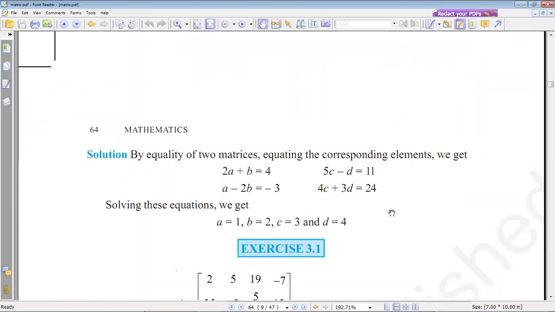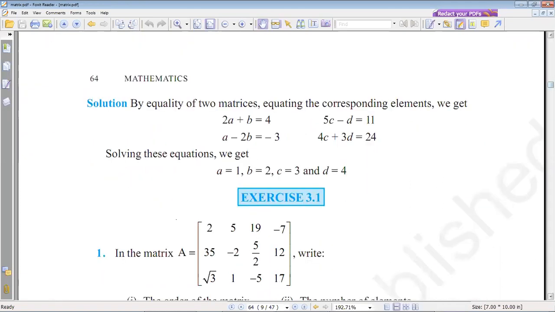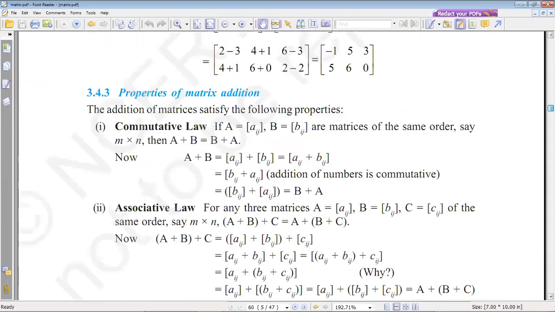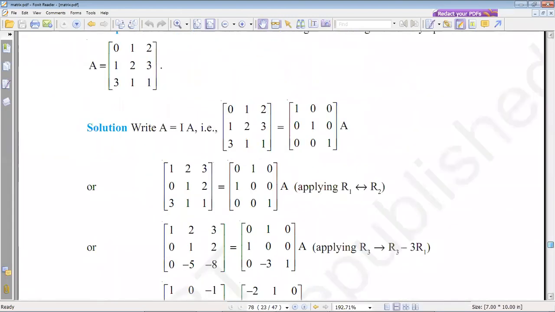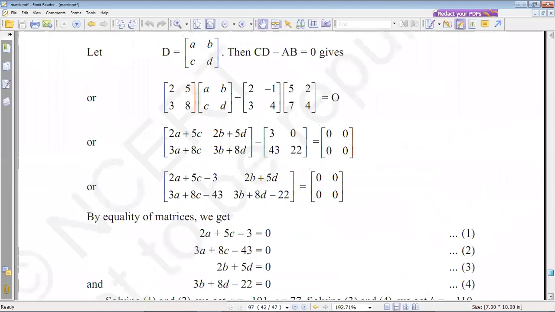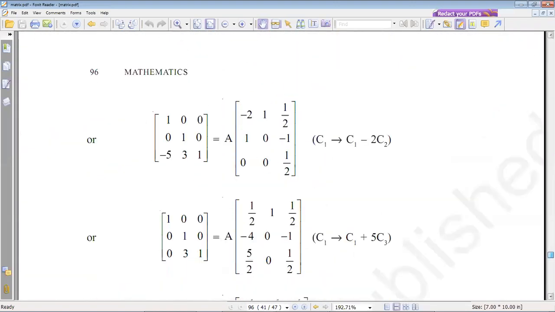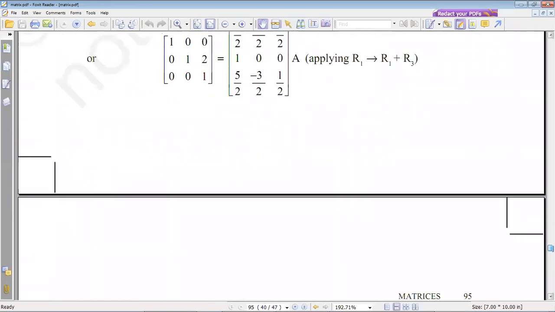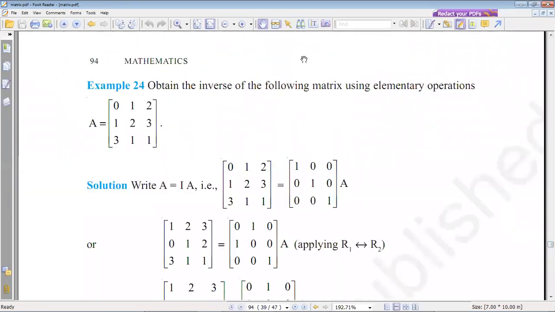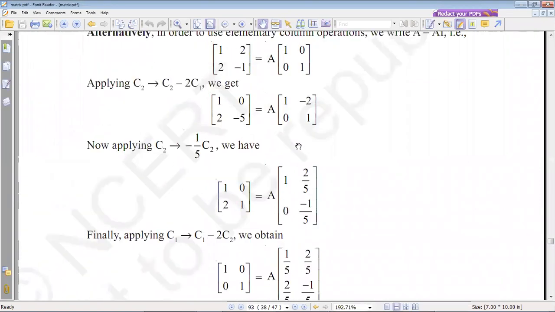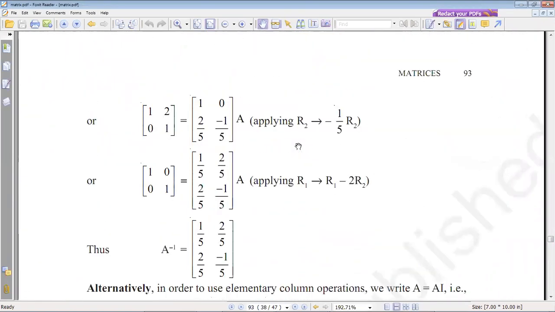After that, I am going to discuss determinant, the simple concept. Before this, you have to know what is the inverse of a matrix.